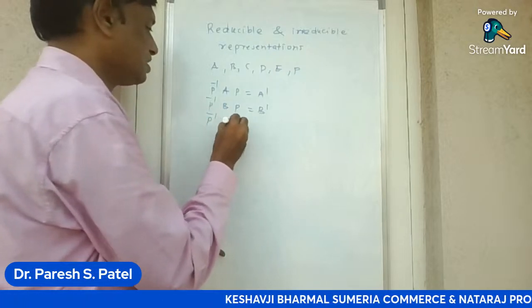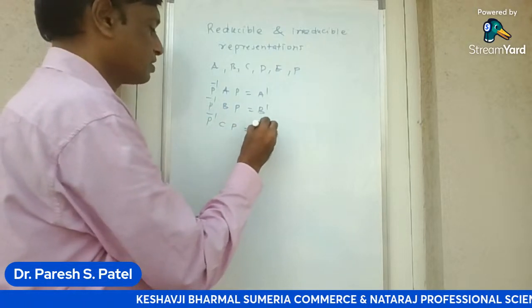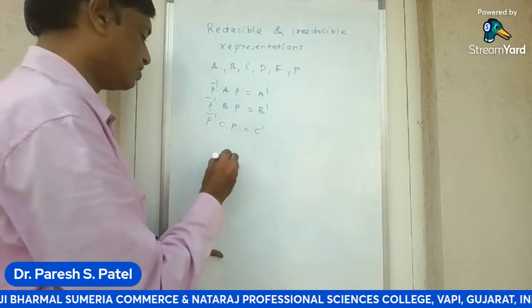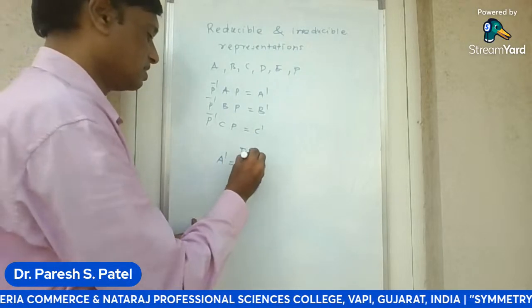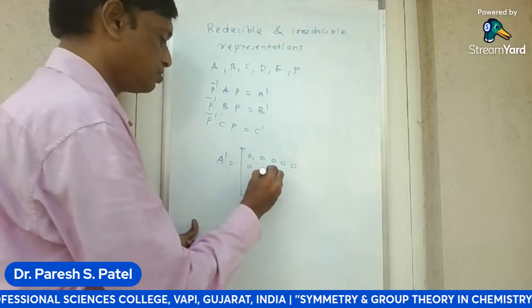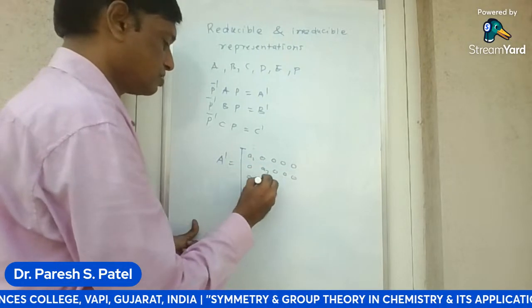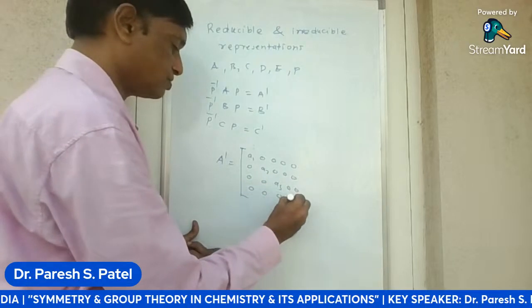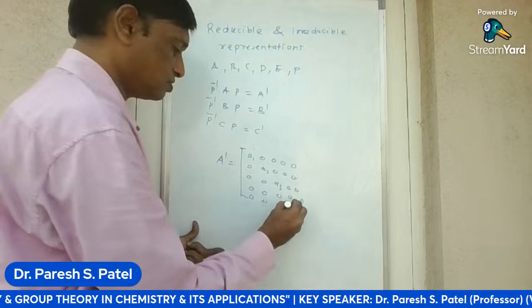P inverse C P is equal to C dash, etc. And if you go for the resultant matrix, A1 0 0 0 0, 0 A2 0 0 0, 0 0 A3 0 0, 0 0 0 A4 0, 0 0 0 0 A5.